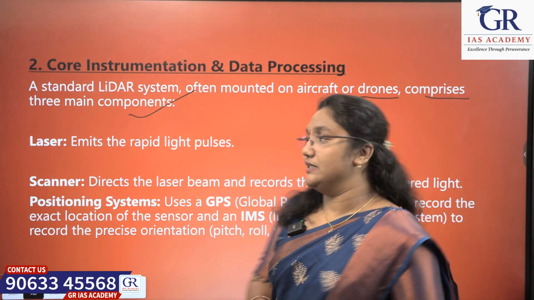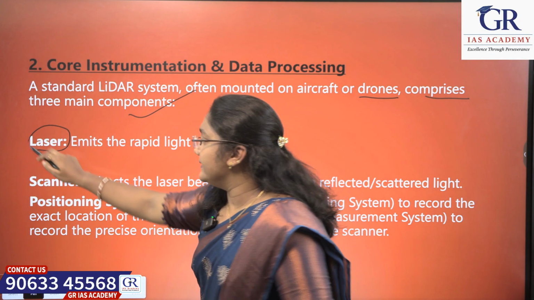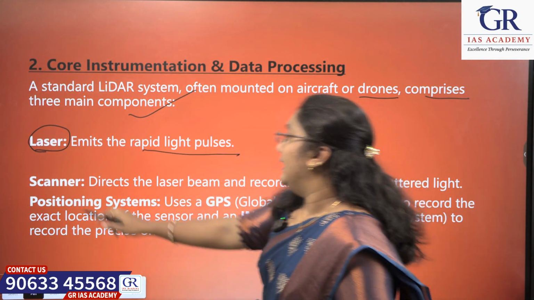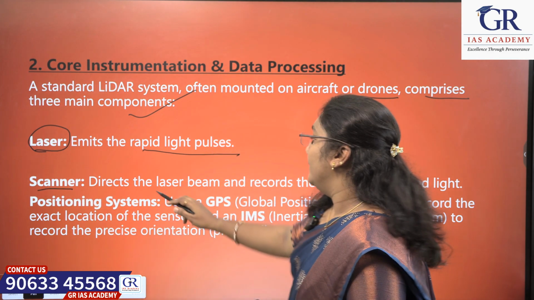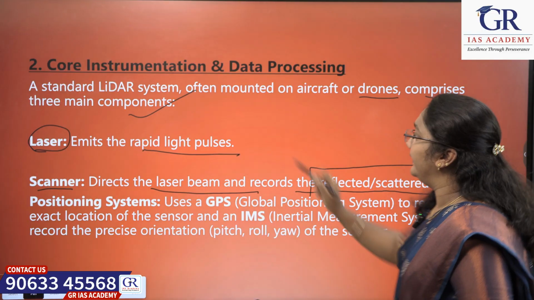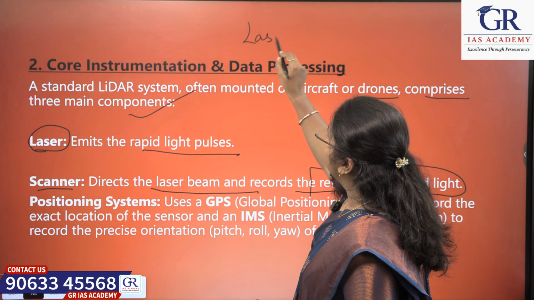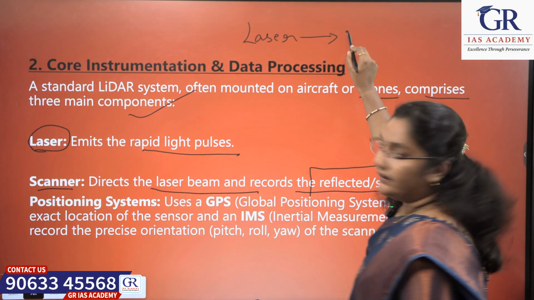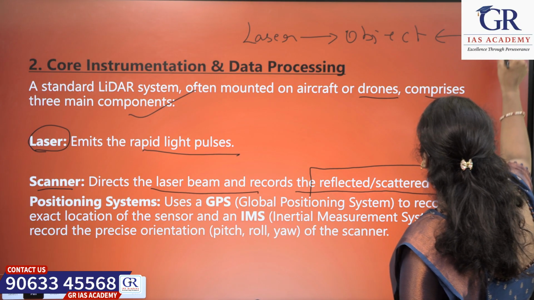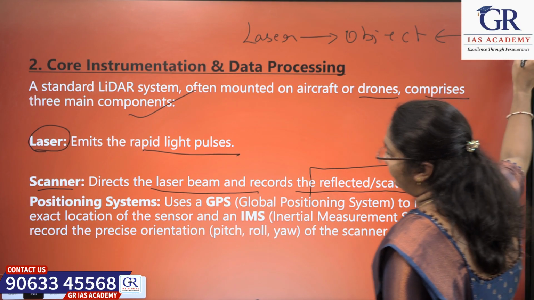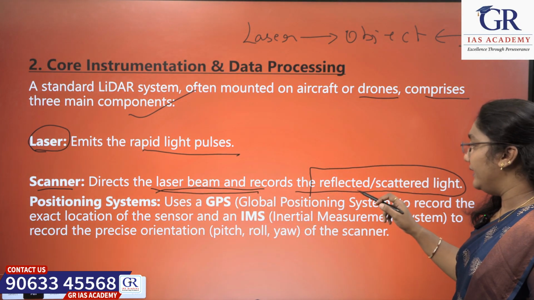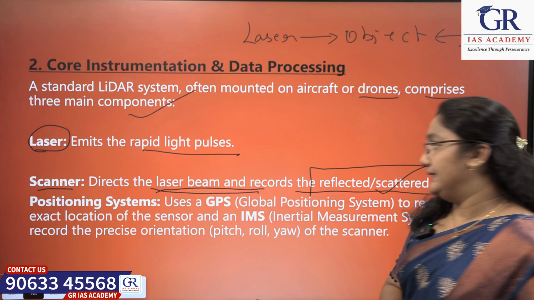First is the laser, which, as I told you, emits rapid light pulses, and the scanner, which directs the laser beam and records the reflected scattered light. The laser passes, strikes the object and reflects back, and the scanner records the reflected or scattered light.